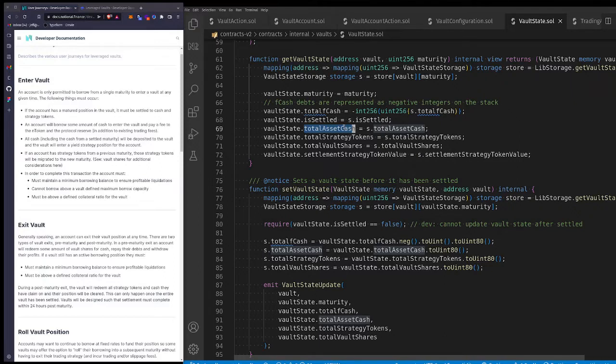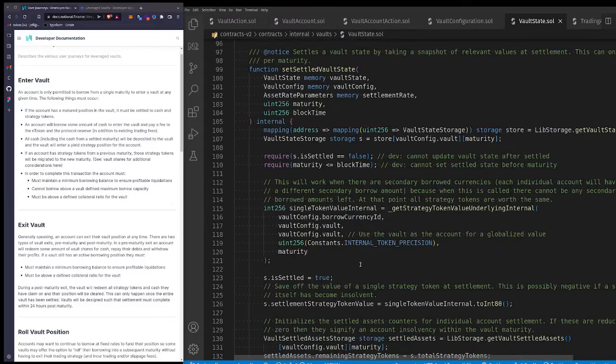So as a vault gets closer to settlement, it really resembles a liquidity pool where each individual account has a claim on both cash and strategy tokens. And so we have this accounting scheme to manage that.